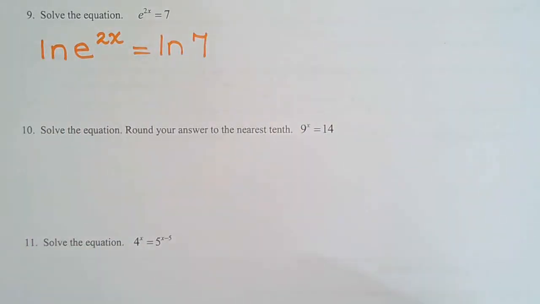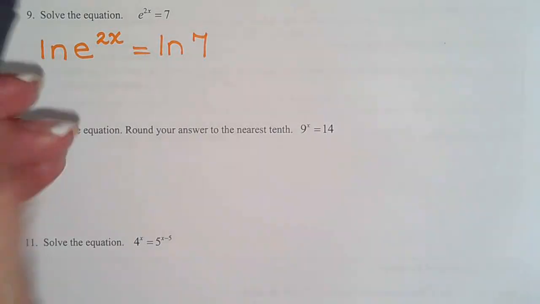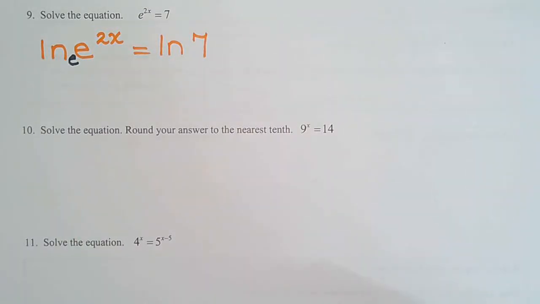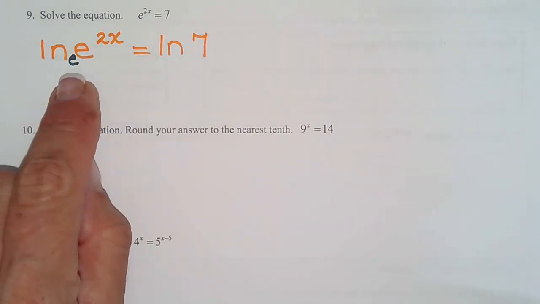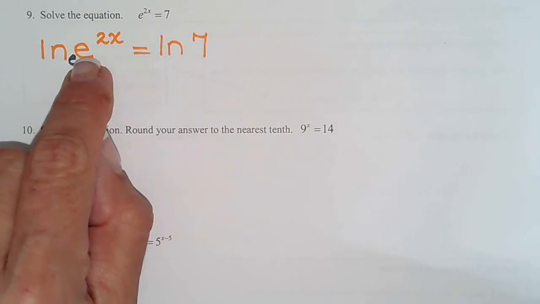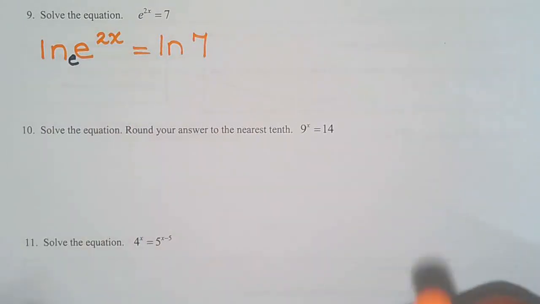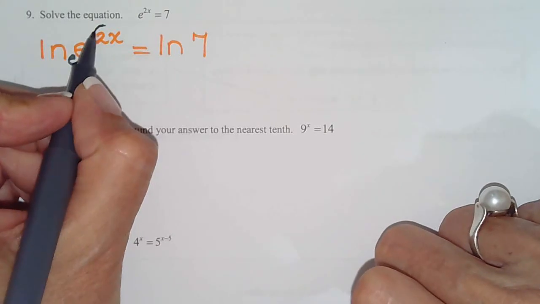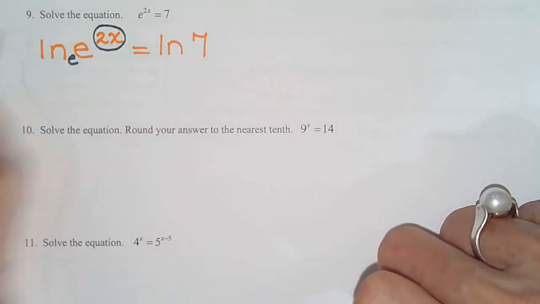So let's see. Are you thinking of anything from past sections? Think about the rules we learned in 8.4. When the base of the log is the same as the base of the exponent, they undo each other, and the answer is just the exponent.